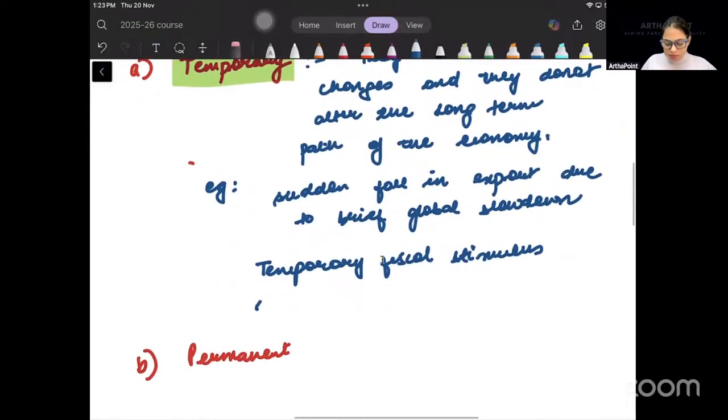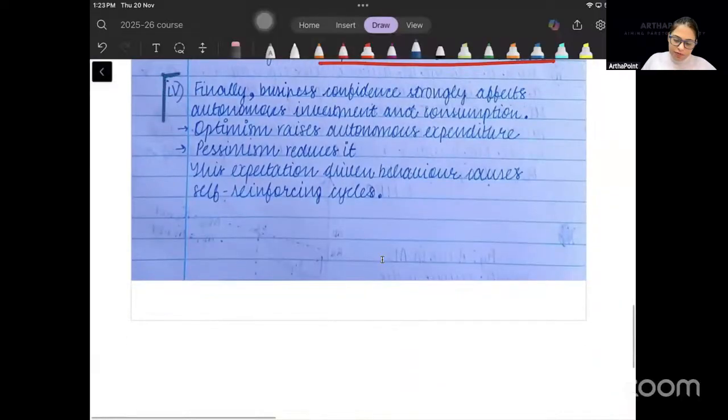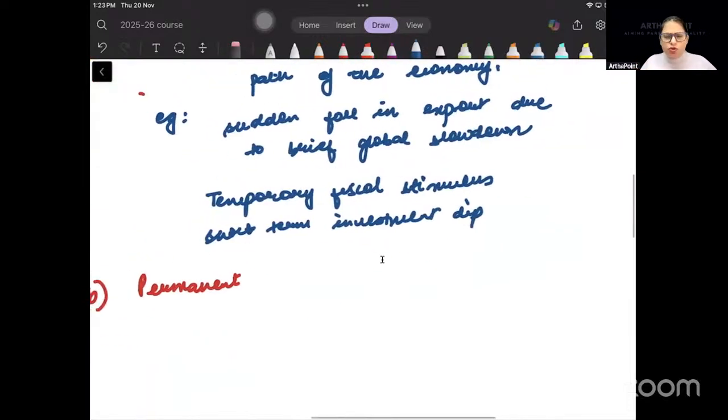Or a short-term investment dip, due to the impact of business confidence. Maybe the government is changing, and during that switch from one government to another, for a short period of time there is some uncertainty in the economy. So, a short-term investment dip due to uncertainty in the economy.